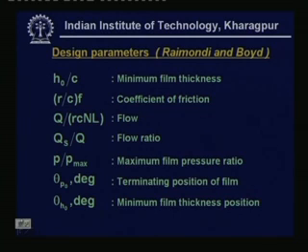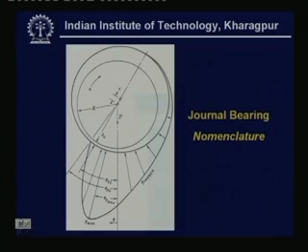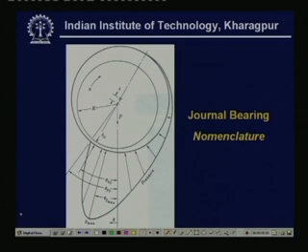As a matter of fact, all these design parameters are based on this particular figure. You can see this is a journal bearing, this is the eccentricity, and by now you understand that when a journal bearing is operating, it cannot operate in a concentric manner. It has to be eccentric, otherwise no wedge will be formed, and thereby no load bearing capacity will be developed.